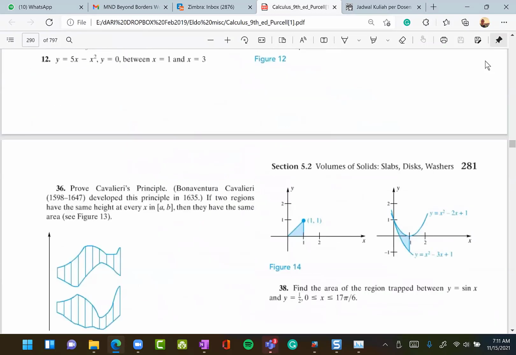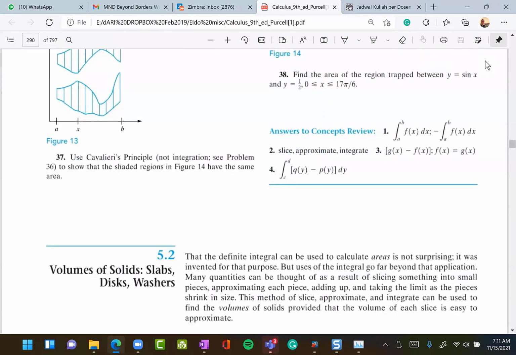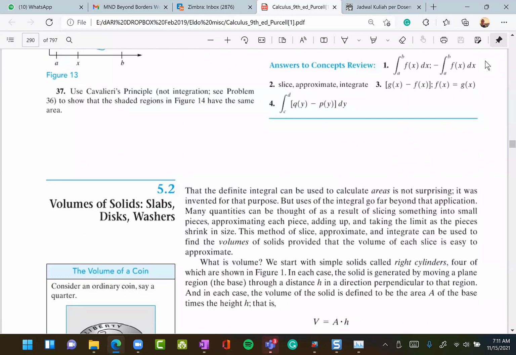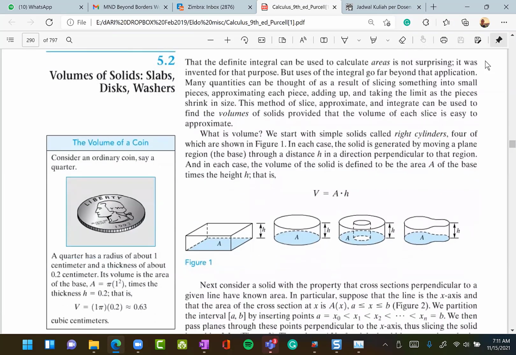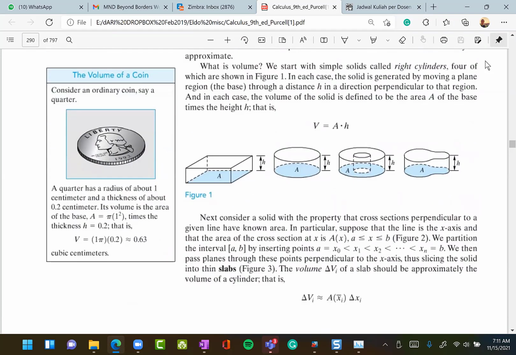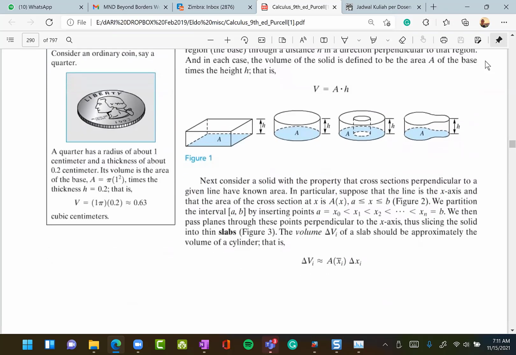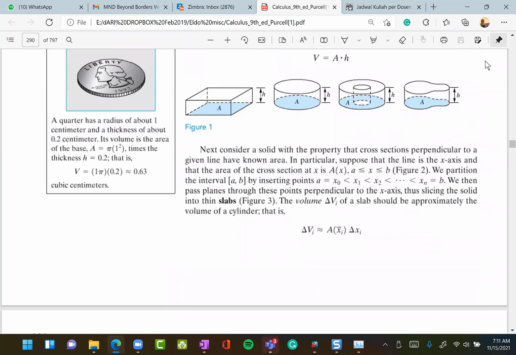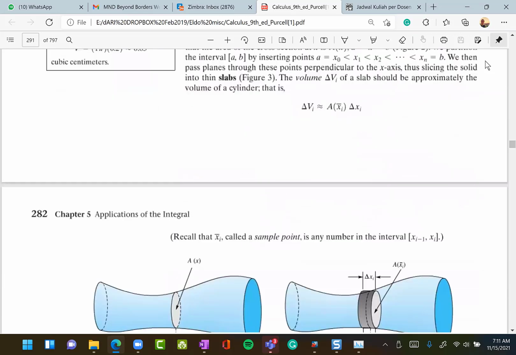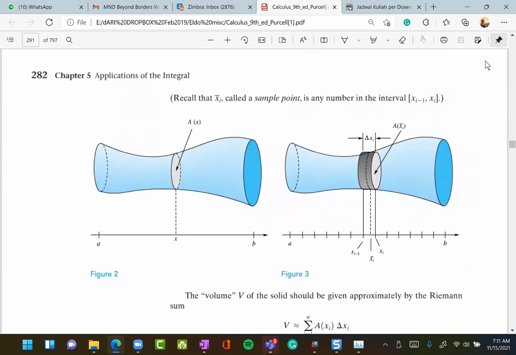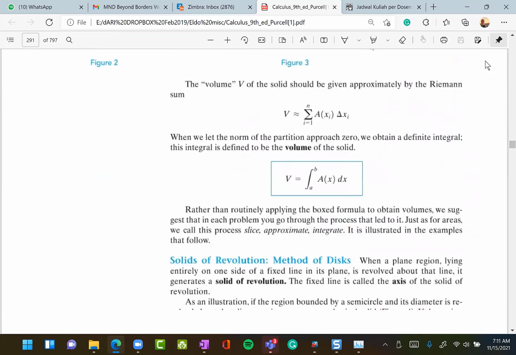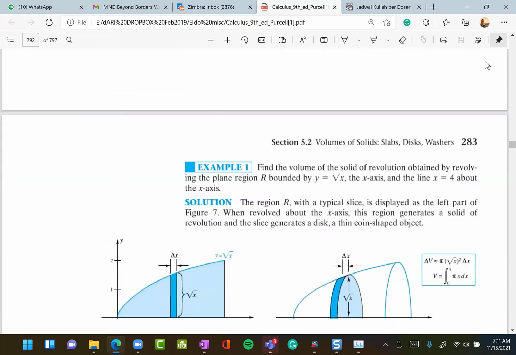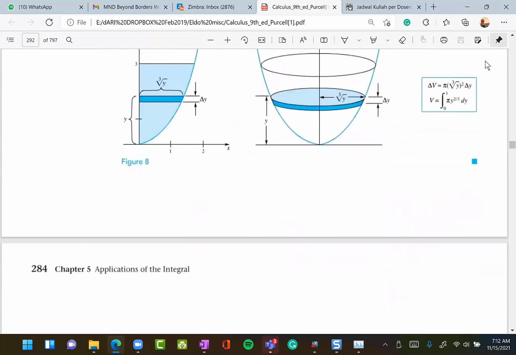We also computed some volumes of a solid obtained from revolutions, so revolving an area around a certain axis, and you get a solid. How to compute it, and this parallel cutting thing. We'll do some more problems of this later on in the tutorial sessions.